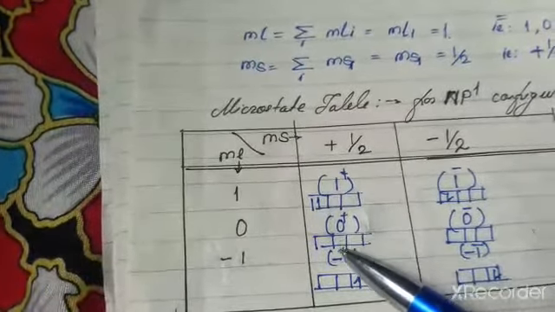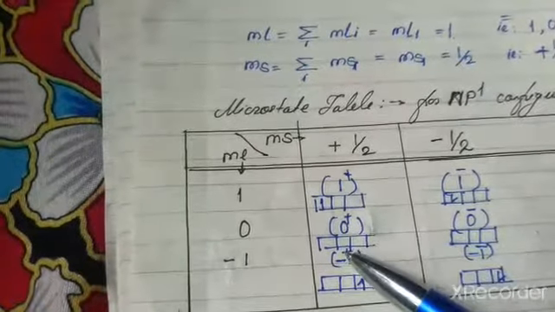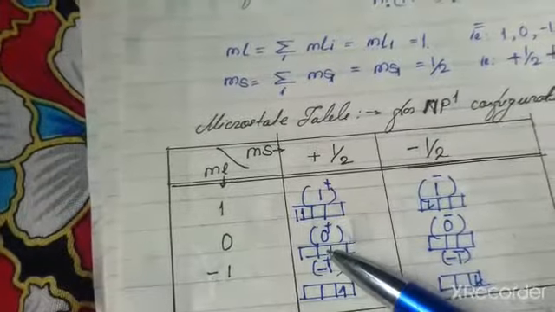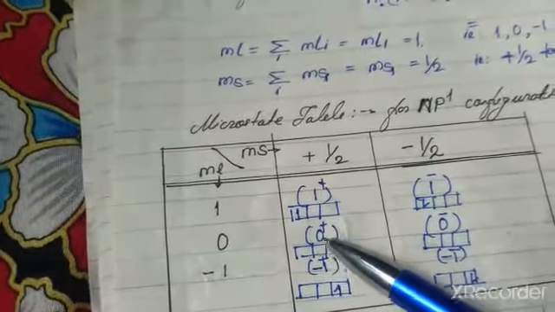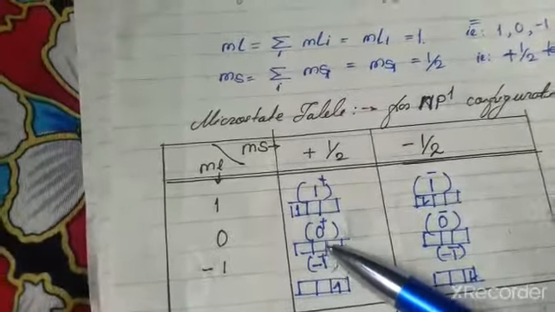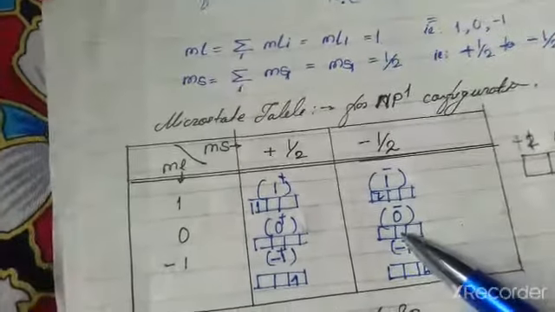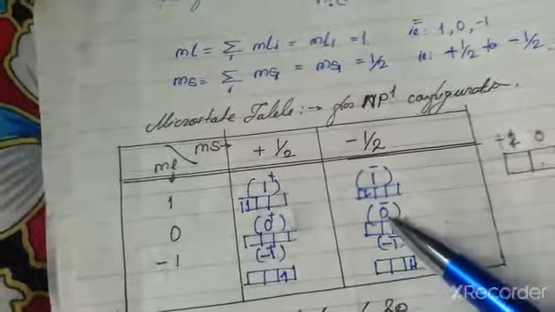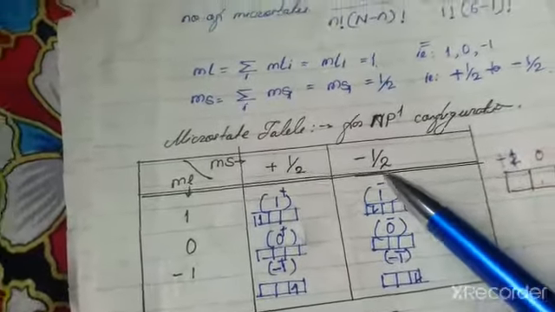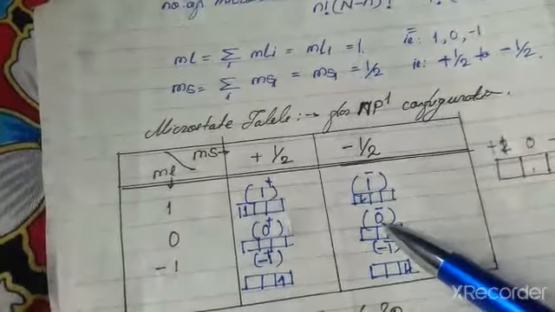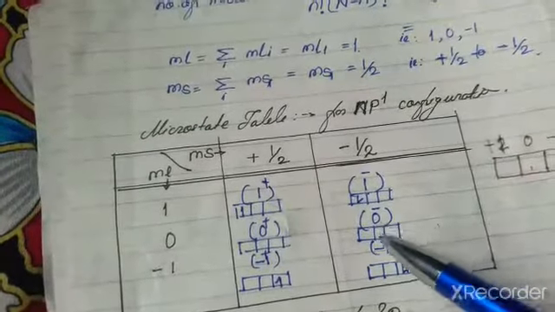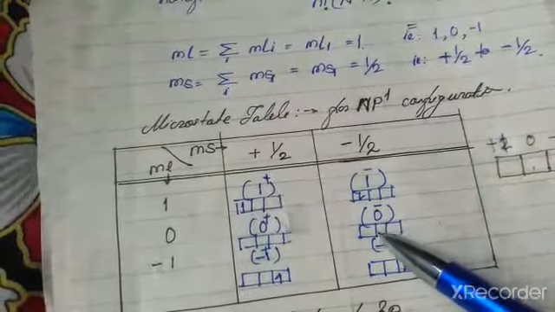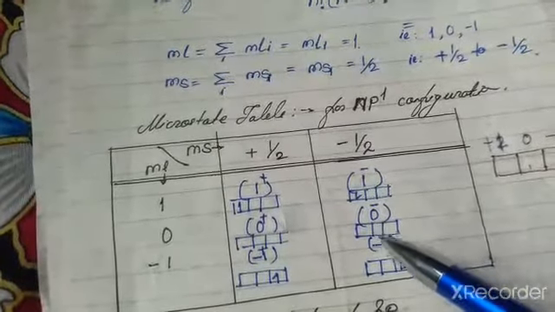So put that electron with positive spin. Then in the next case, put that electron in the 0 shell, so ml is equal to 0, but the spin must be negative, so put the electron according to negative spin.